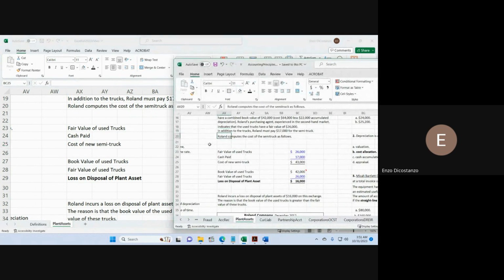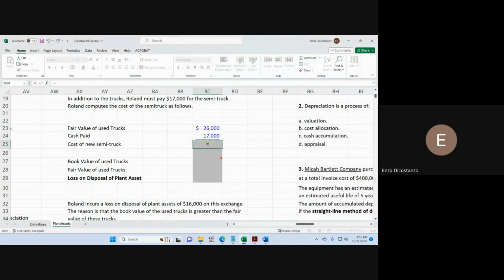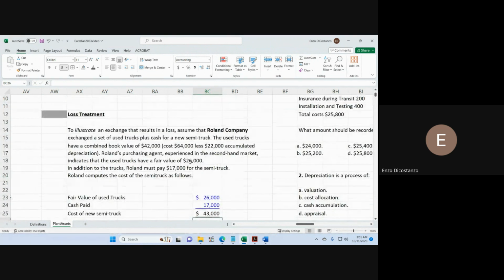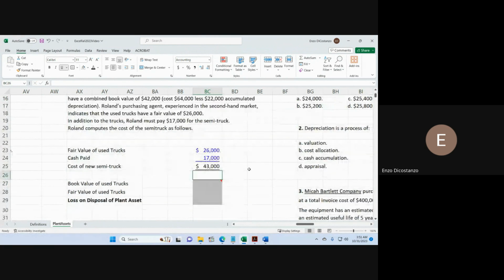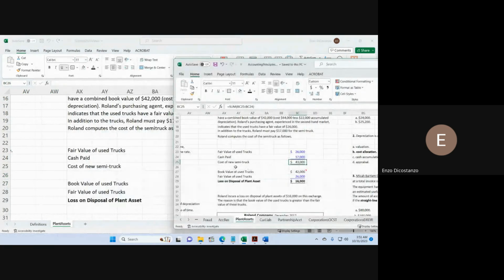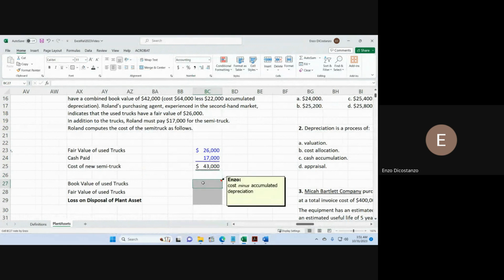So the cost of this is the combination, 43,000. The cash and then the fair value. Those two added up. The book is 42.